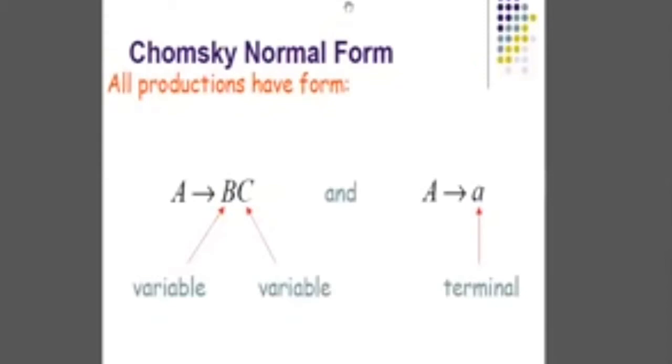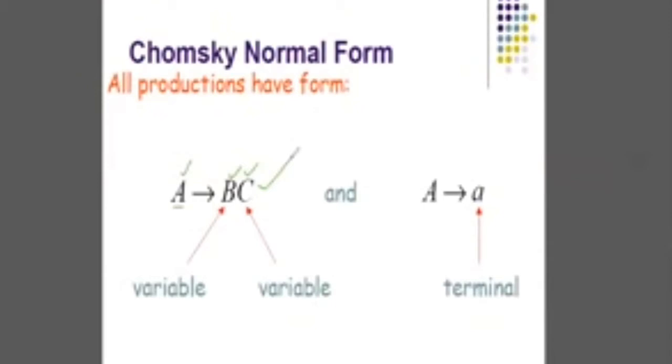Chomsky normal form is a standard form in which any production will be of this kind. That is, one non-terminal symbol giving you two non-terminal symbols, or one variable giving you two variables. This is one type of production in Chomsky normal form.